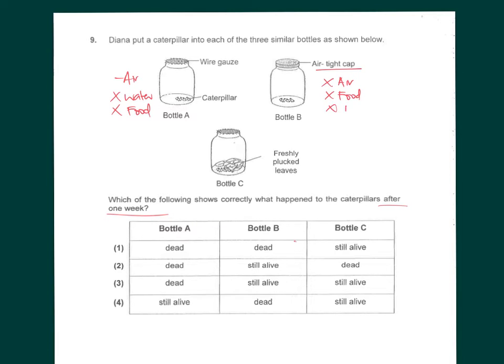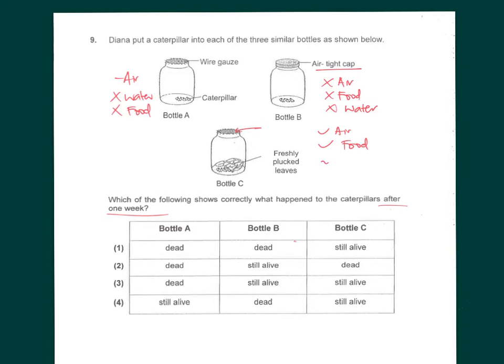Neither does it have water. And lastly, in bottle C, the caterpillar does have air because it's a wire gauze again. It has food because it has some freshly plucked leaf.